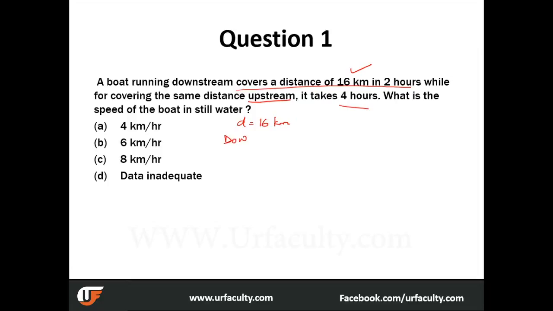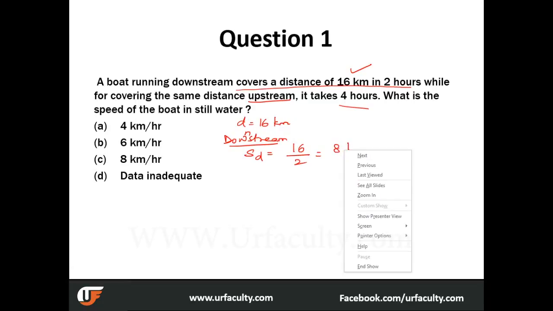So let's start with downstream. I'll put it as SD, speed of the boat in downstream, which is basically your total distance, which is 16 km, by 2, total time. So it's 8 km per hour.